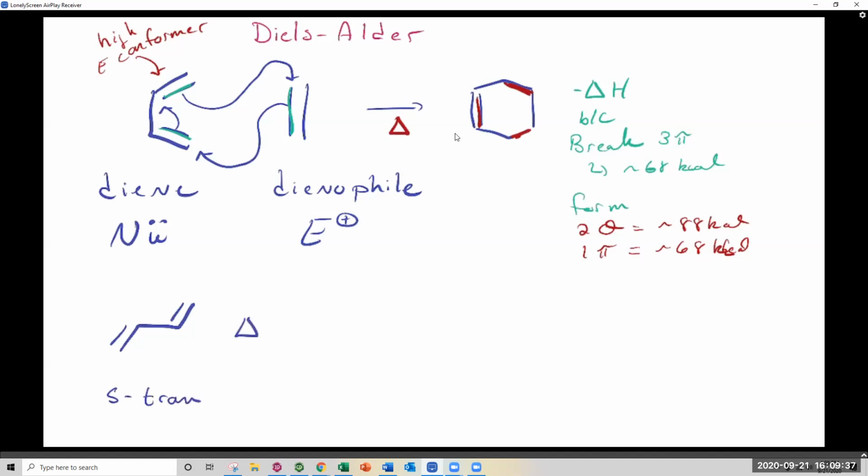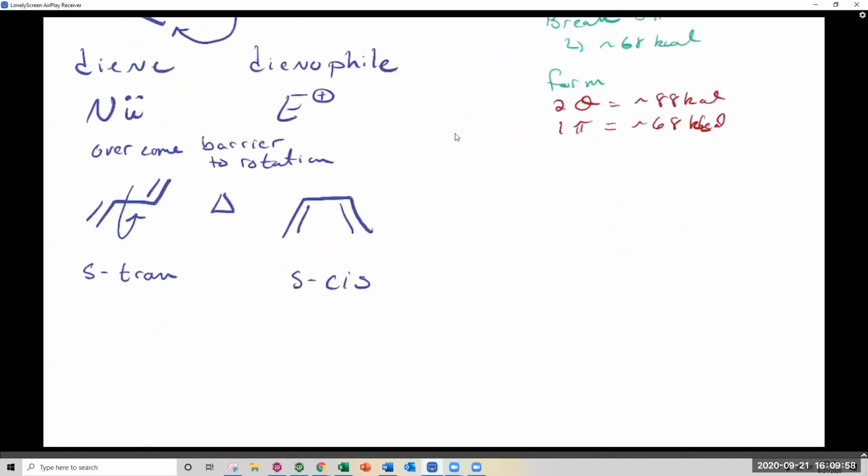We add heat to allow it to overcome the barrier to rotation. And then we get the so-called S-cis conformer.